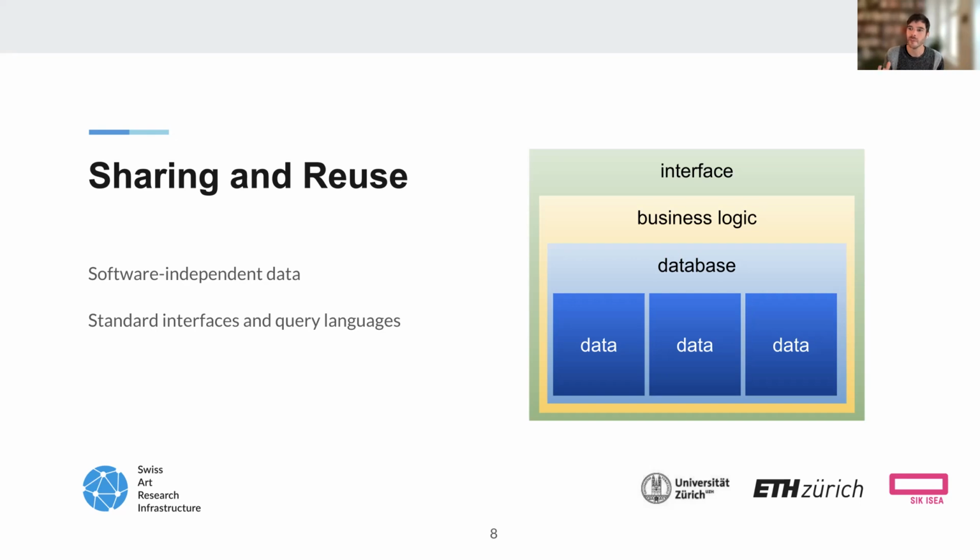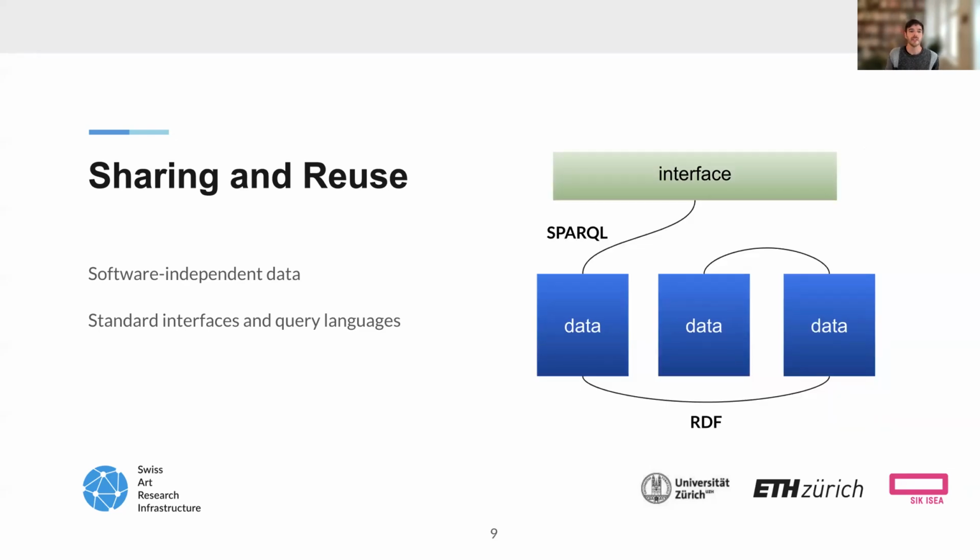And very often, even if you have a way of exporting the data, there are always some things missing, which are represented somewhere in these other layers of software. So if you use linked open data, you basically can store everything in the data. You can connect data with each other, and you can use standard interfaces to query this data.